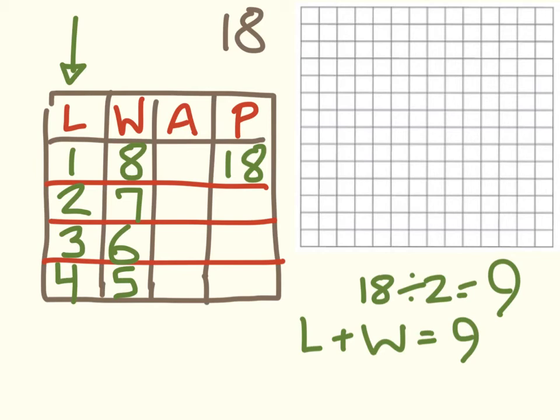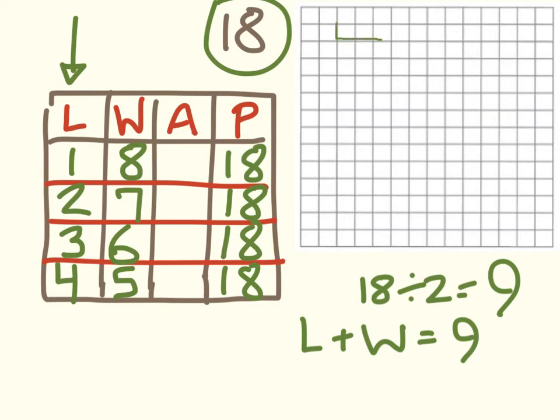All right, now let's find the perimeters of each of these. 2 plus 7 is 9, and times that by 2 and you get 18. 3 plus 6 is 9, times 2 is 18. 4 plus 5 is 9, times 2 is 18. So now I have perimeters all of 18, that's what we wanted, and now I can draw these. So let's draw a rectangle with a length of 1 and a width of 8.